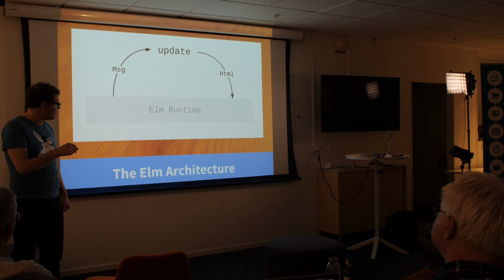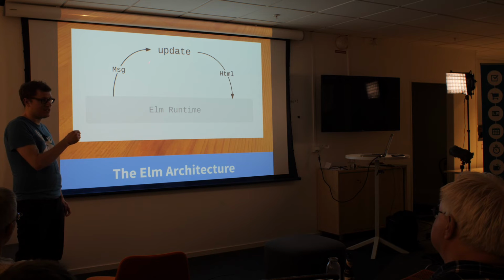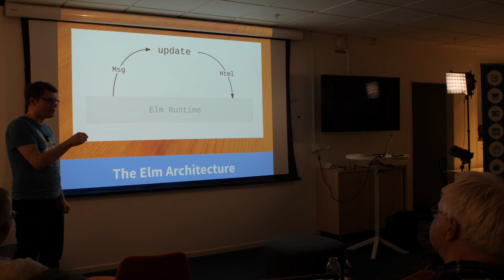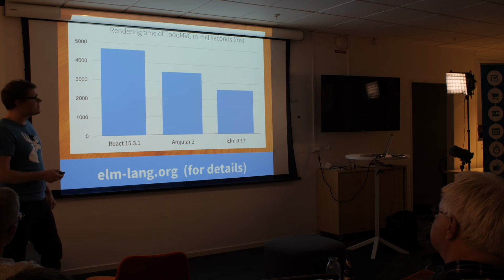So HTML. Going back to the Elm runtime, and if you click on buttons and stuff, you get new messages. Your update function is being called with those messages. It generates a new model. That model is being passed into the view function. That generates new HTML nodes. That goes into the Elm runtime. That compares it with the virtual DOM and adds it to the real DOM. And this is really fast as well.